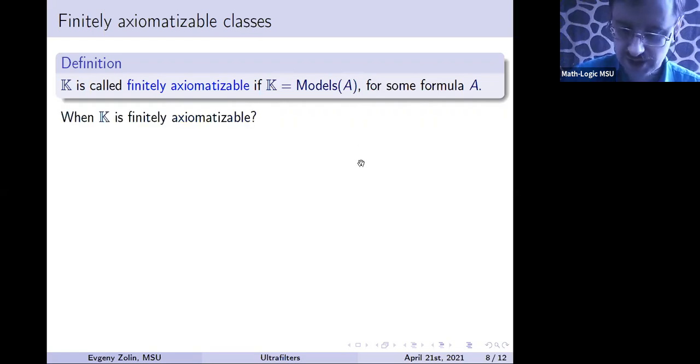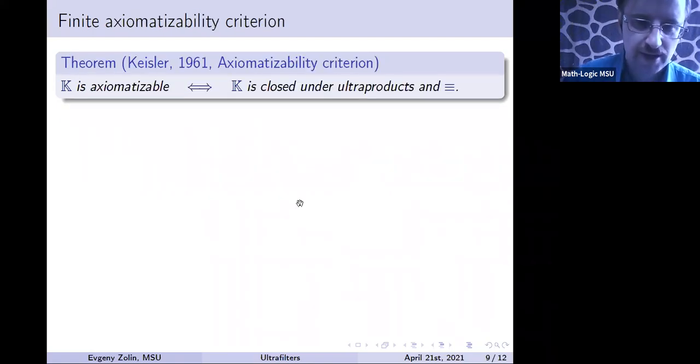Now, the natural question is, which classes of models are finitely axiomatizable? We already know when it is axiomatizable by the previous theorem. What do we need to add to the previous theorem to obtain finitely axiomatizable classes?